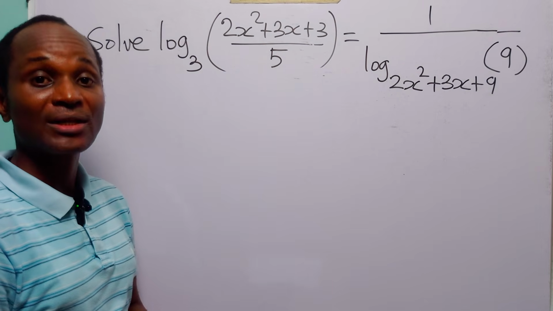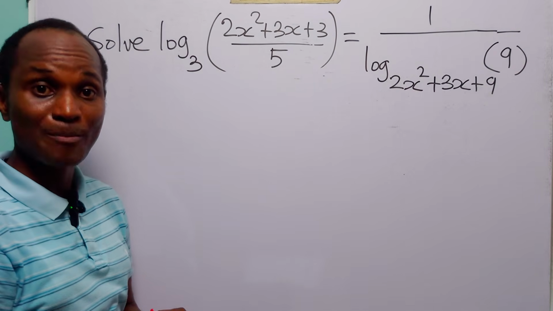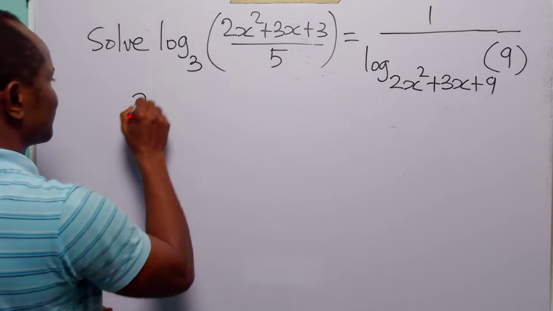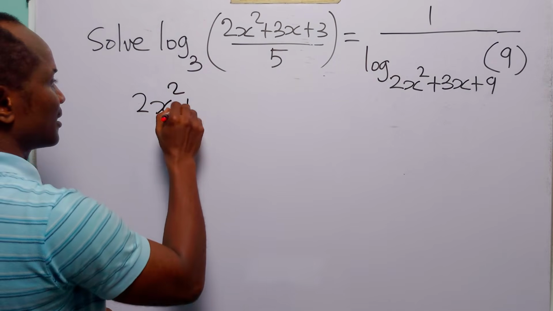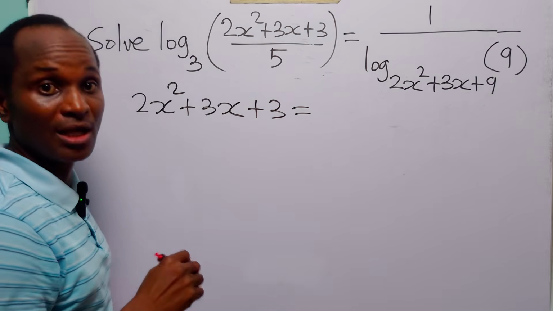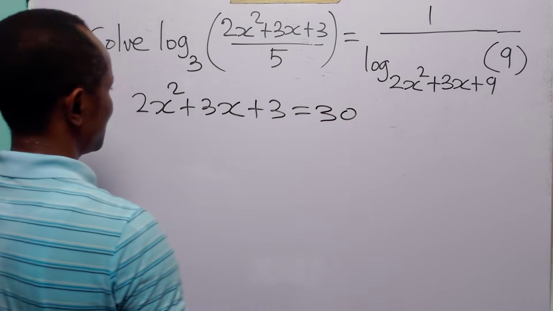And finally, to calculate the values of x that satisfy this logarithmic equation, we go back to our original substitution. We have that 2x squared plus 3x plus 3 is equal to d, but we have found d to be equal to 30.